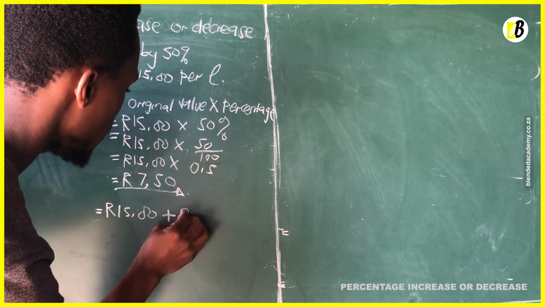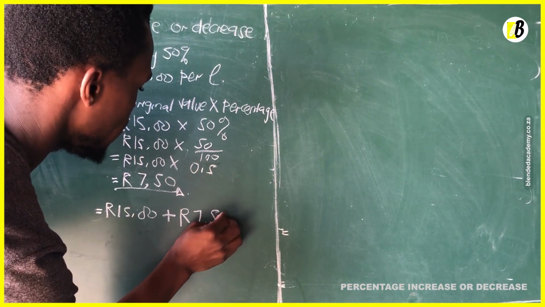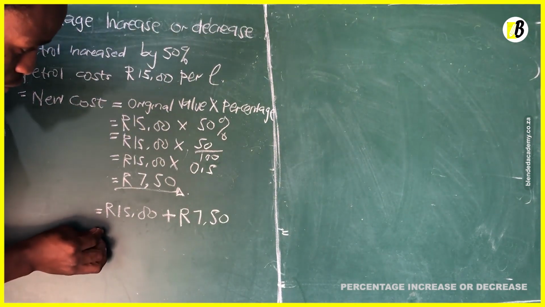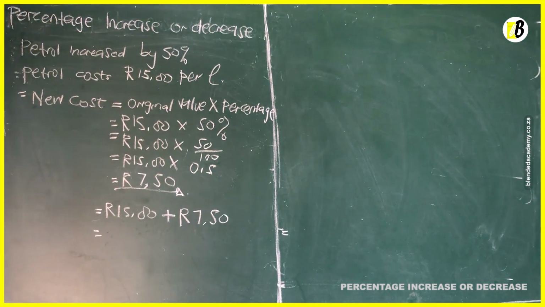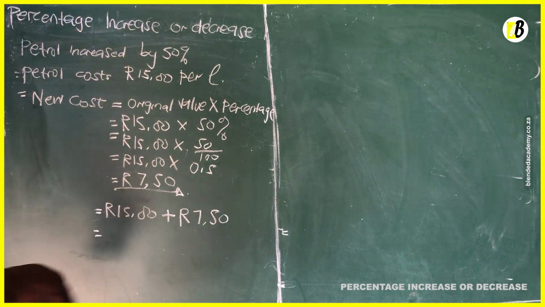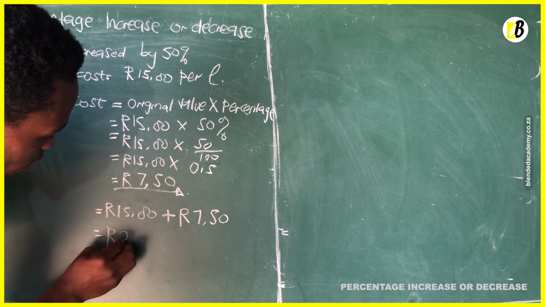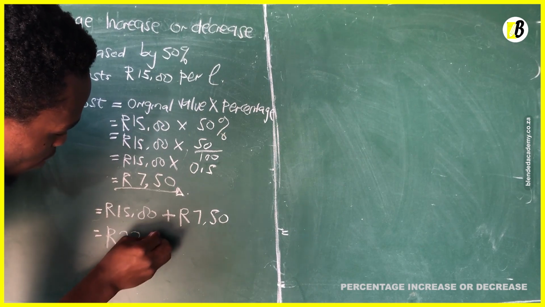So it's going to be plus 7 Rand 50, right? Let's see. So it's going to be 15 plus 7.50. So this one is going to give us 22 Rand 50.